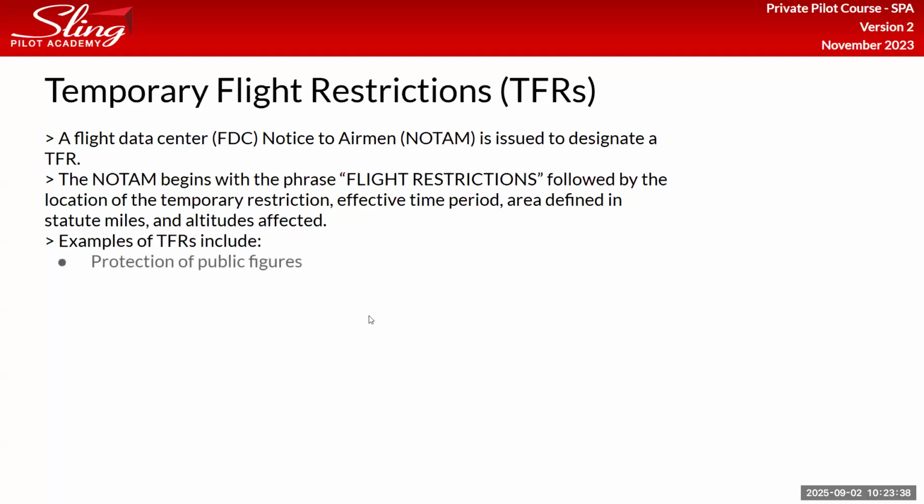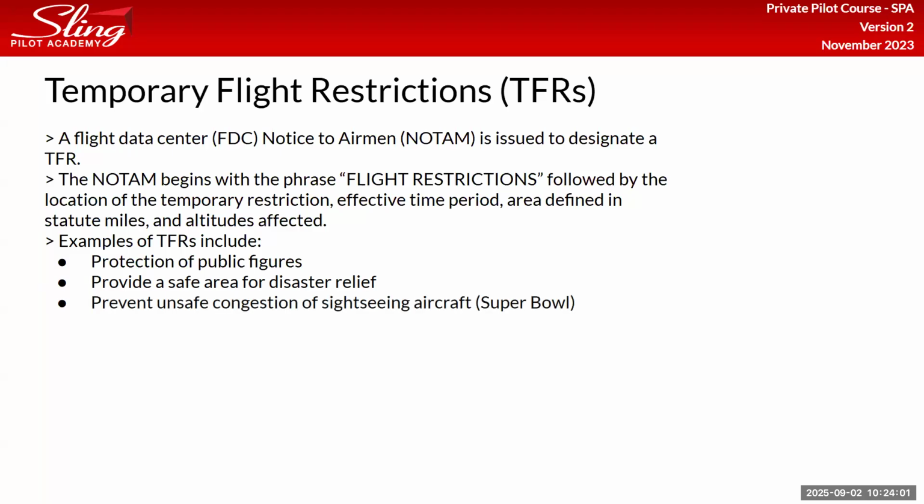I talked a little bit about this before, but a lot of the times in the LA area, they have VIP TFRs, meaning they're protecting public figures that are flying in and out of the area, so they restrict the airspace that other people are allowed to fly in. They also can put TFRs up over an area for disaster relief, or for the Super Bowl. They have TFRs for the Dodger games over Dodger Stadium. They have TFRs over Disneyland, which you saw on the map.